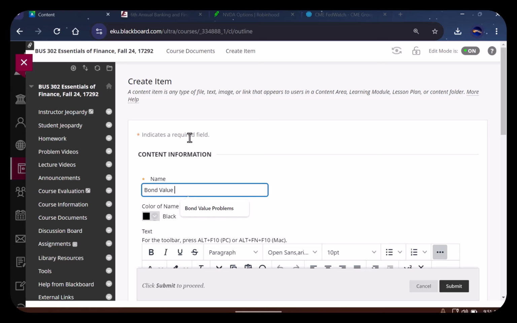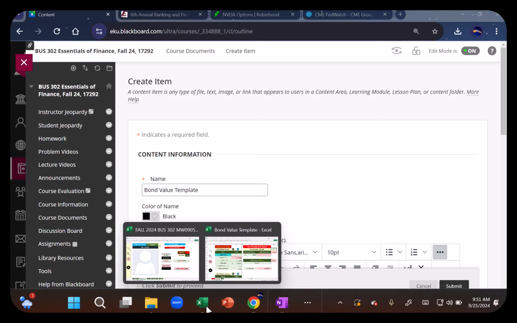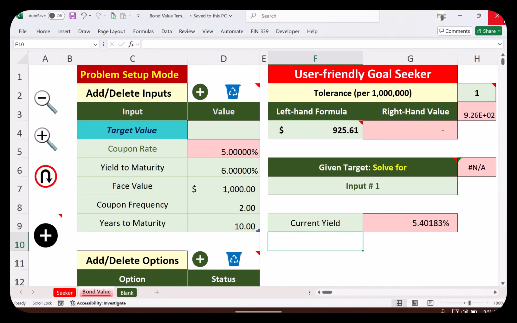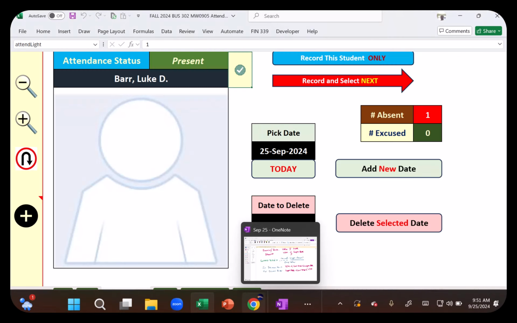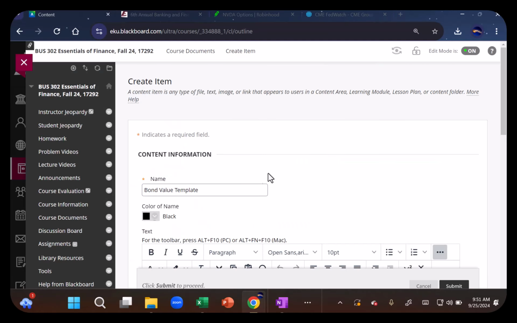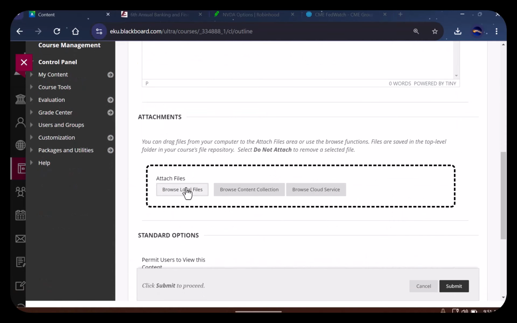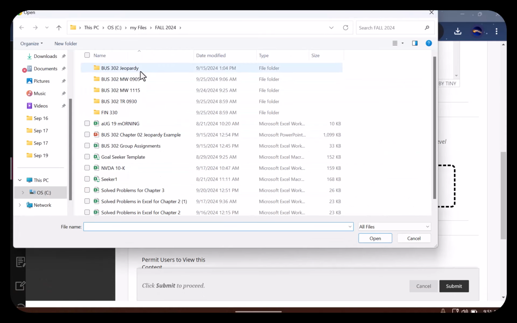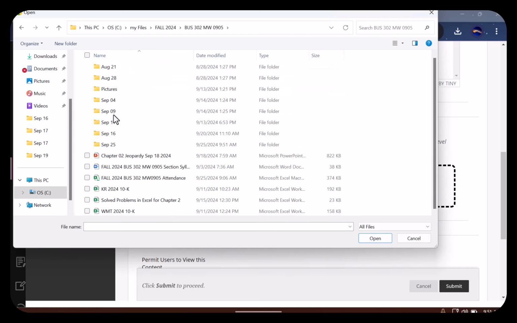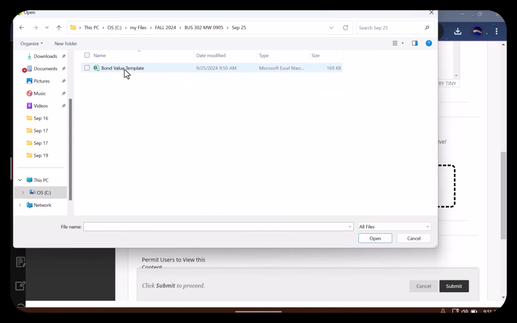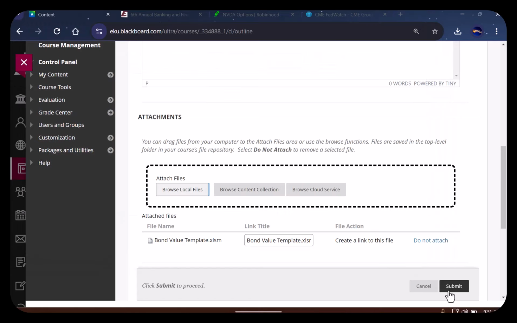Bond value template. Of course, Excel is going to protest and ask me to close it. Browse local files. Submit.